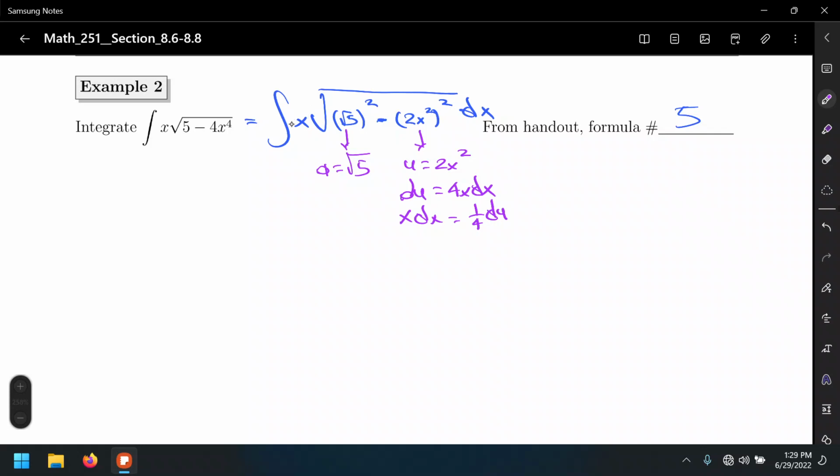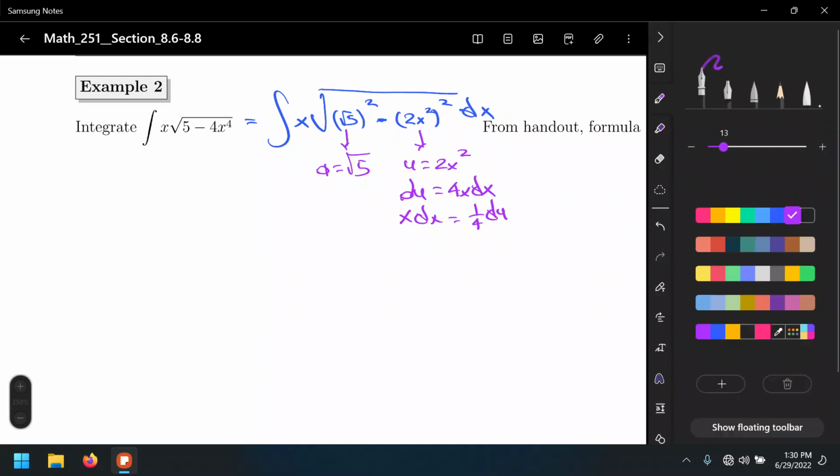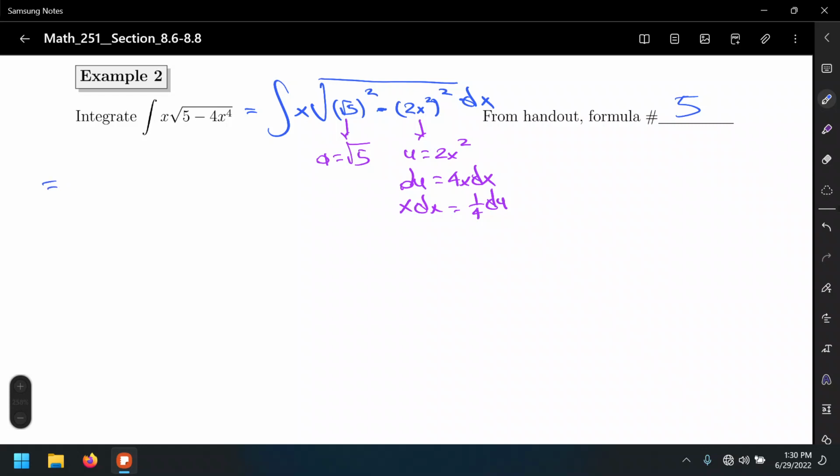So this x dx right here will become our du. That's the integral of the square root of a squared minus u squared du, but that times a 1/4, which I'm going to write outside of the integral. And let's ignore this factor of 1/4 and focus on the integral.